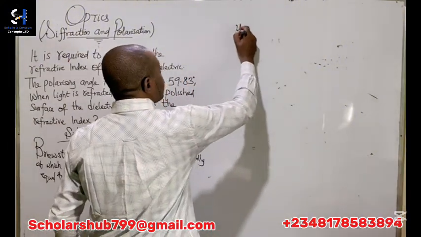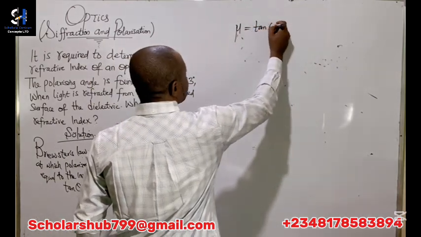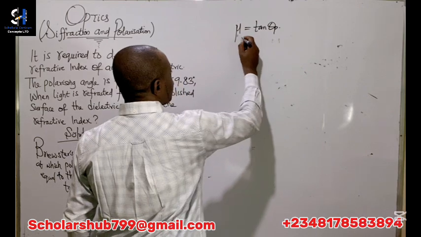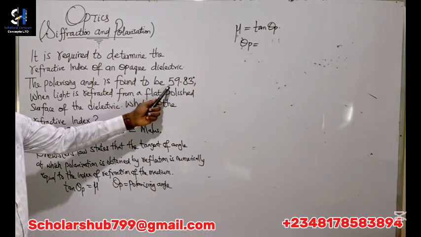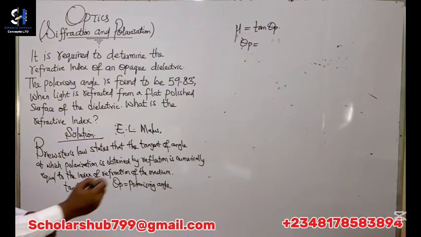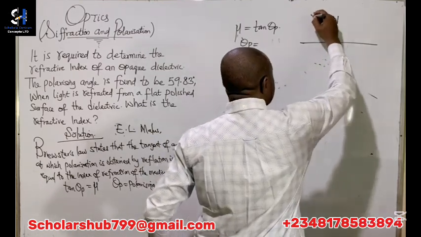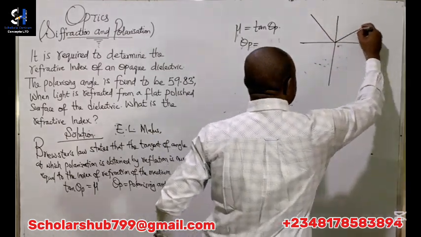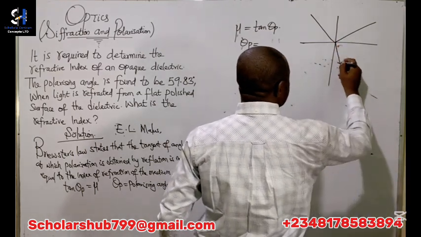We just have to do refractive index equals the tangent of the polarizing angle. We are given the polarizing angle, which is found to be 59.83 degrees when light is refracted from a flat polished surface, that smooth surface. After the light is reflected, it is also refracted.